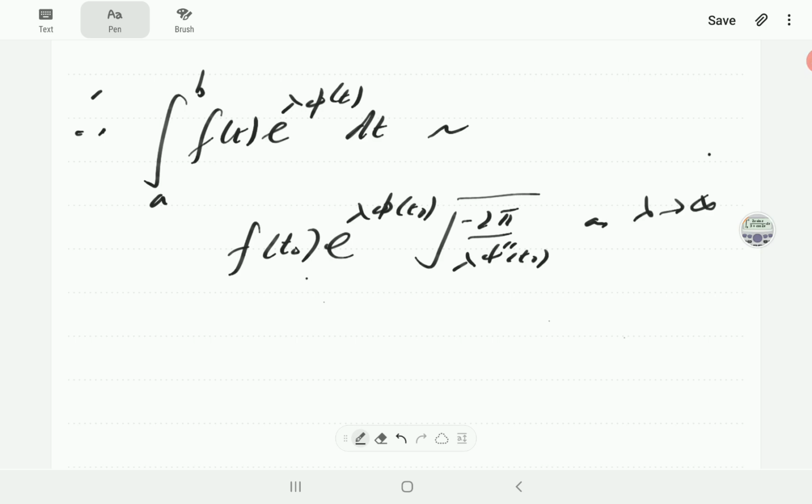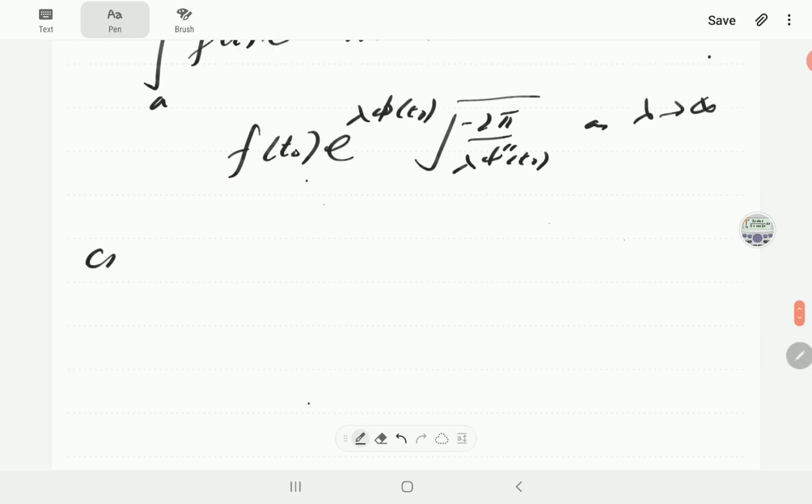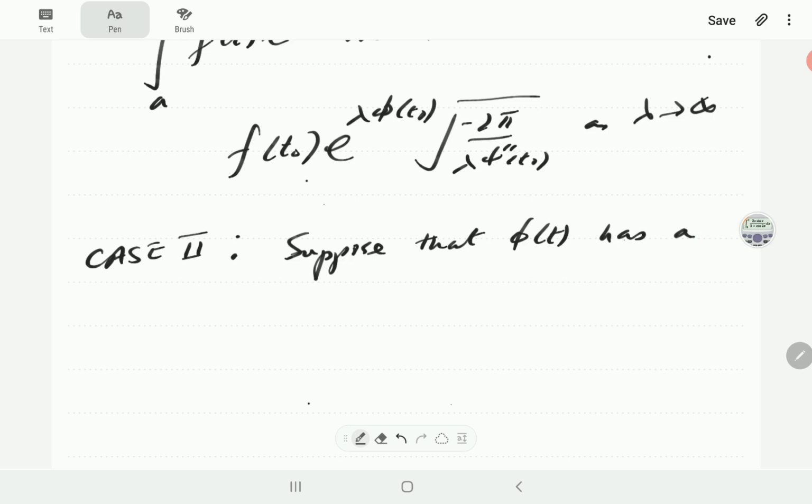Okay, we're now going to look at case 2, where the function has a maximum at t equal to a. So suppose this time that phi of t has a maximum at t equal to a.